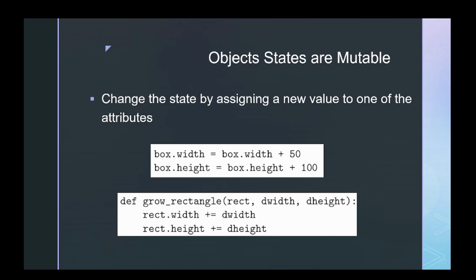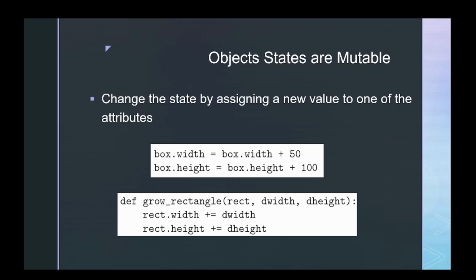Object states are going to be mutable, which, remember, we've used this word a lot this session, but it means you can change them. And we can change them by assigning new values, just as if we were to change any other variable in Python code. So here I can actually say my box width, I'm going to increase it by 50. So I say box.width equals box.width plus 50. And I can do the same thing with the height.